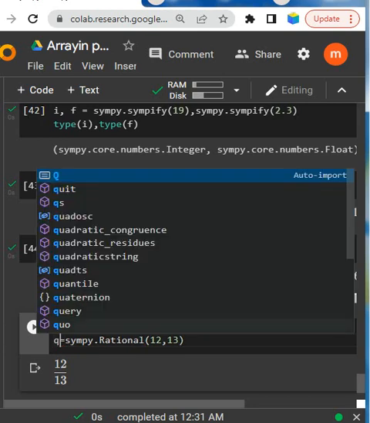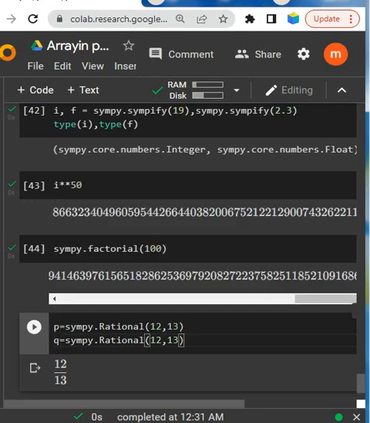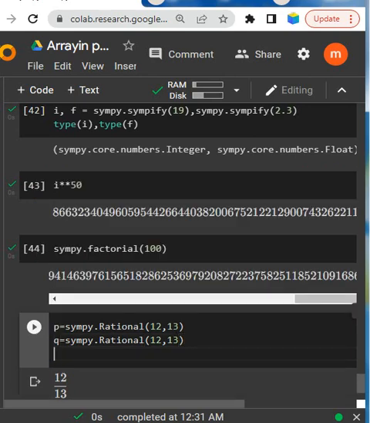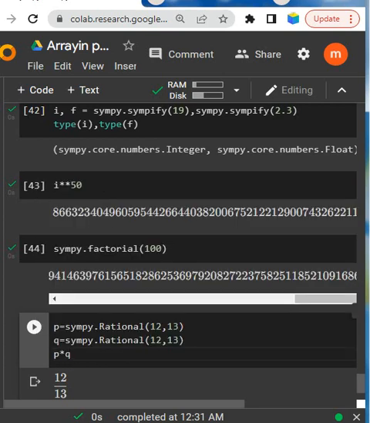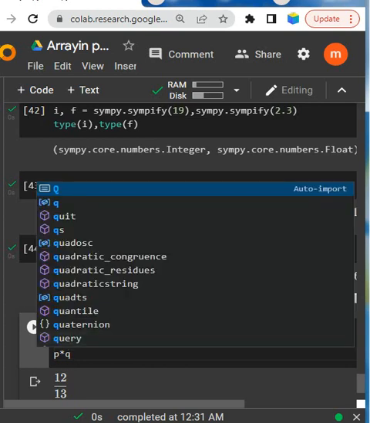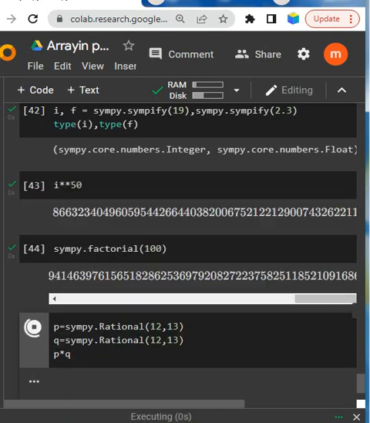So there are two variables, and now I want to multiply p into q. So p star q here. Is it possible to get your answer? Absolutely, you can easily multiply, and you have gotten the numerator 12 into 12, 144, and the denominator 13 into 13, 169.